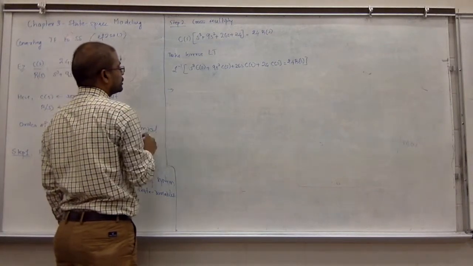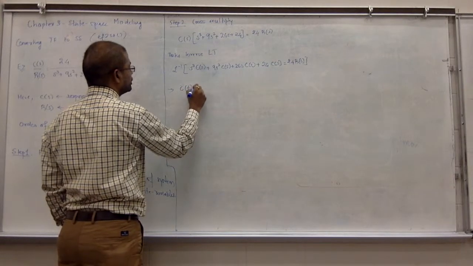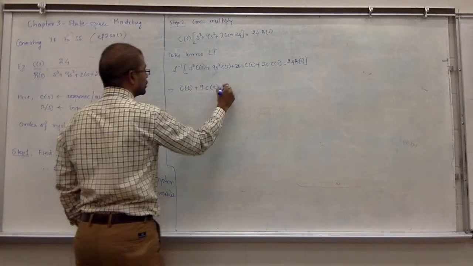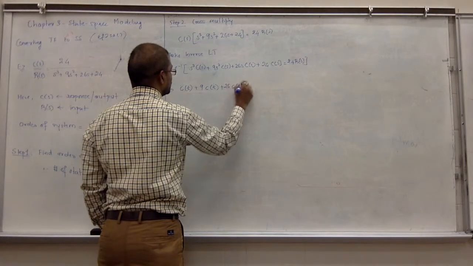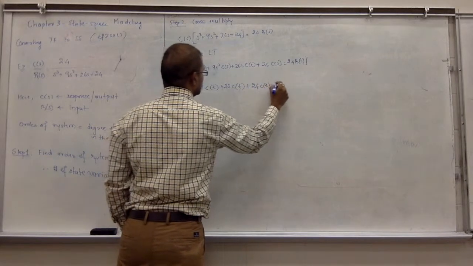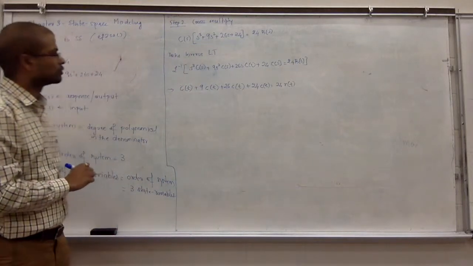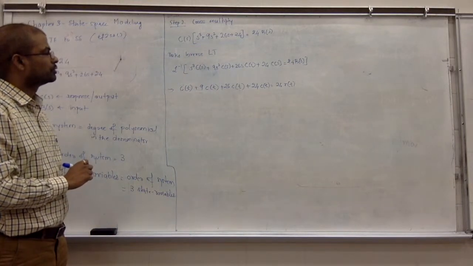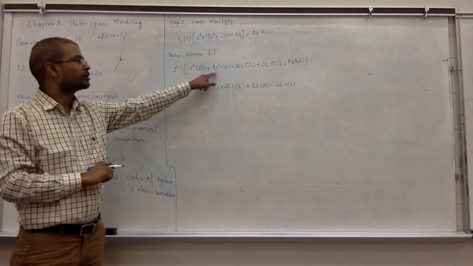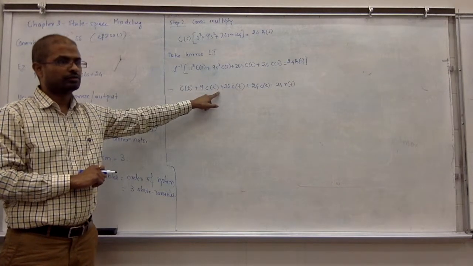What you're going to end up doing here is C triple dot of t plus 9 C double dot plus 26 C dot plus 24 C equals 24 R. So what you've done is you've converted a polynomial in S. This is the Laplace equivalent. This is the differential equation.